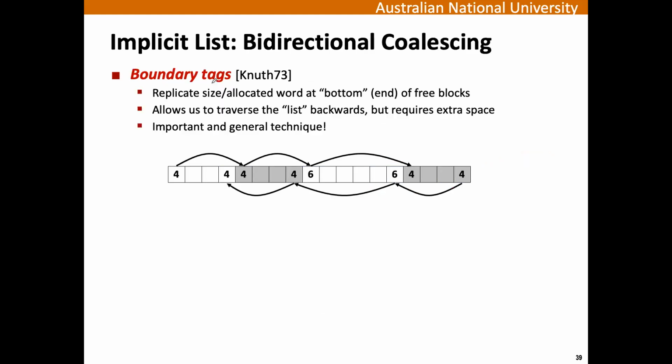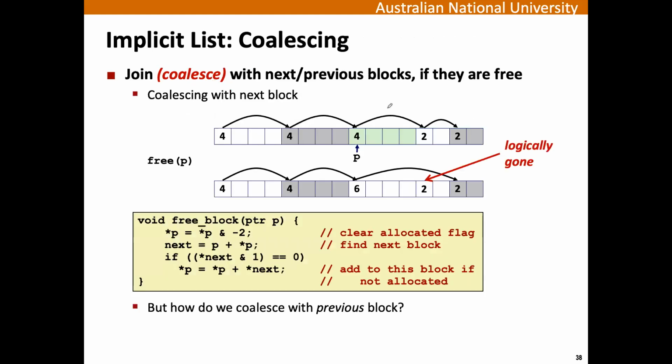What do we do with the blocks to the left? The blocks to the right are easy because I can just look at the size and jump to the next block to peek into its size. But what if I'm freeing this and there is a free block to the left of it?